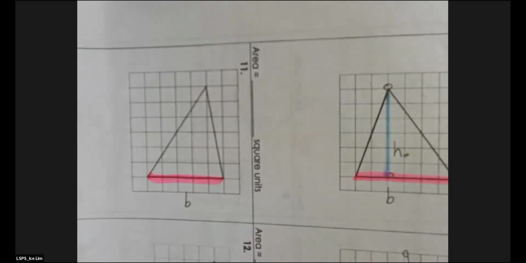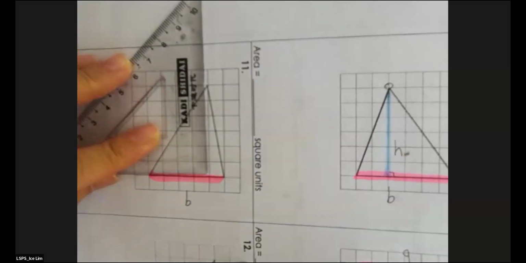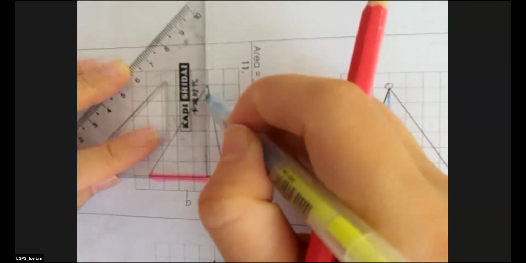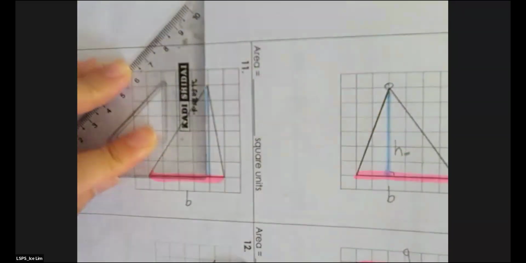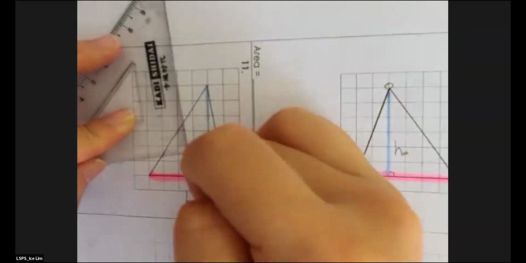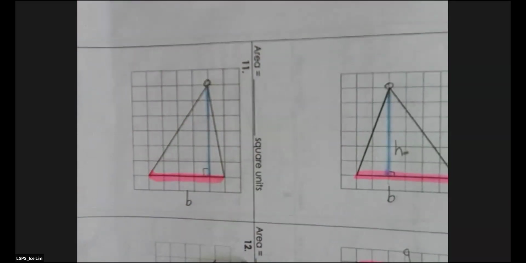And then find the corresponding height by looking for the pair of perpendicular lines that match the base and the apex. So this is the height.